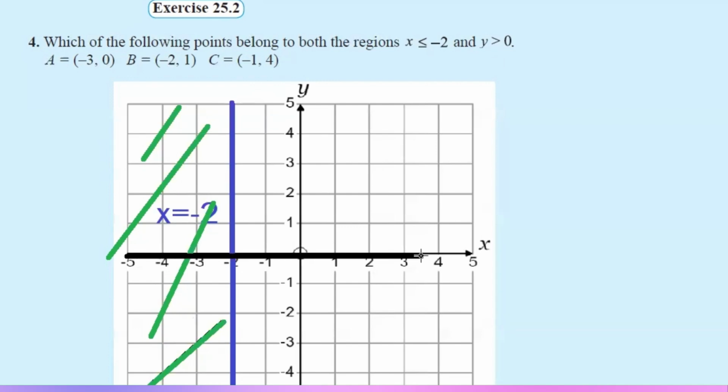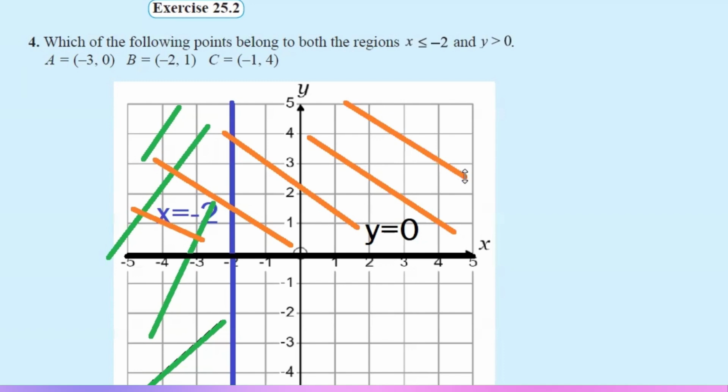Then draw y equals 0 using a dotted line, and y values are more than 0, so you have to shade the region in the positive direction of the y-axis. Now you can see there's a common area shaded.